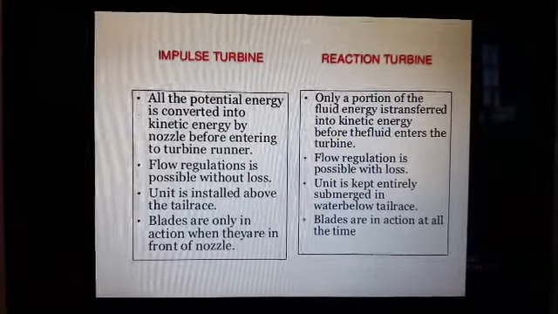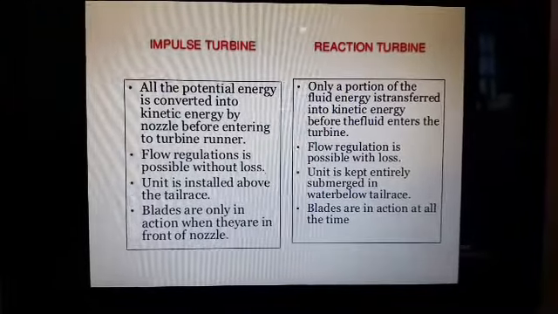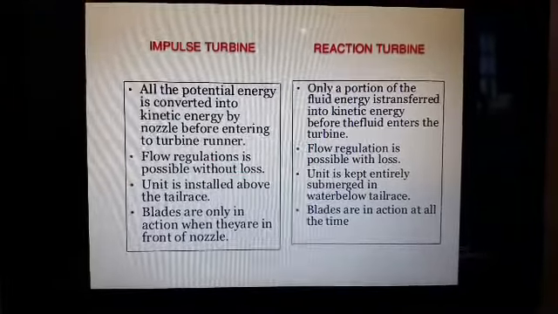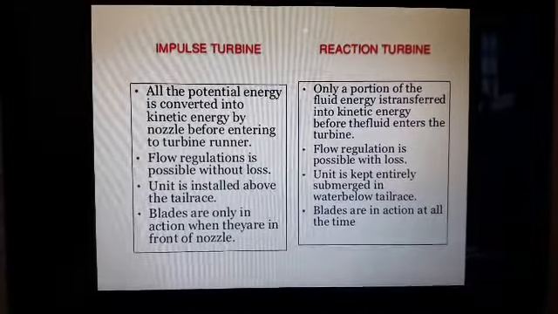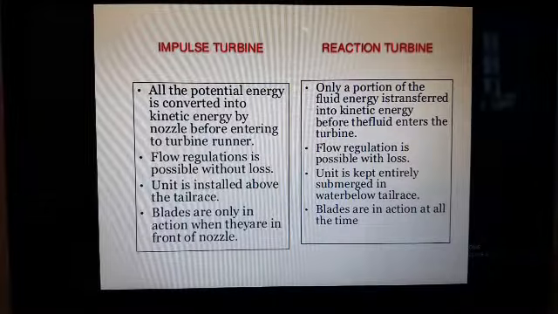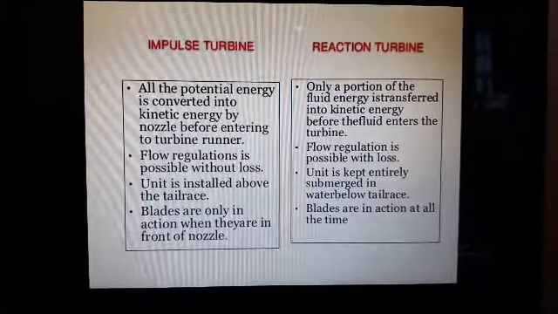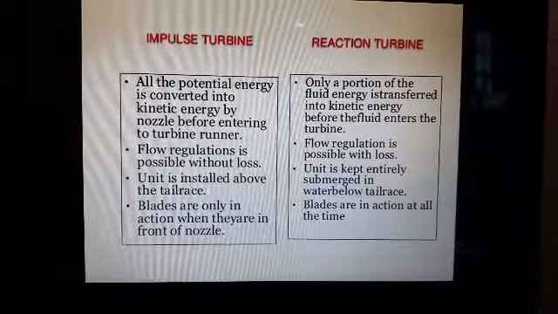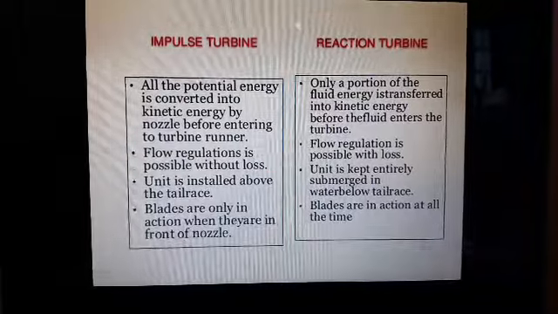Otherwise, there will be bad effects on the efficiency of the turbine. Efficiency of the turbine will go down. In the reaction turbine, the blades are active all the time in all positions. These are the important differences between impulse and reaction turbines.